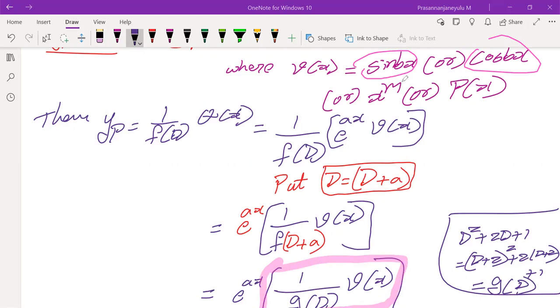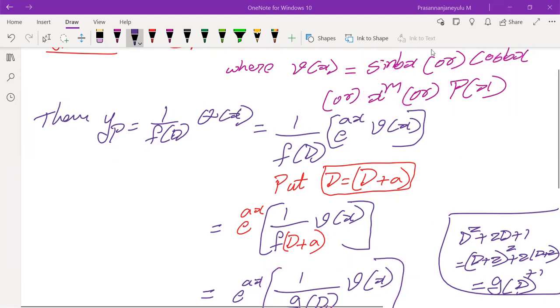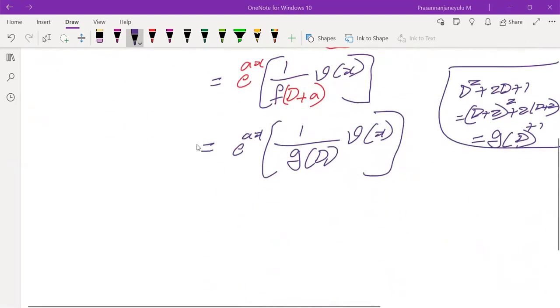For example, if this is not sine bx or cos bx, it may be x power m or a polynomial in functions of x. Then it's going to be type 3. So from here onwards, we have to continue with our regular types.